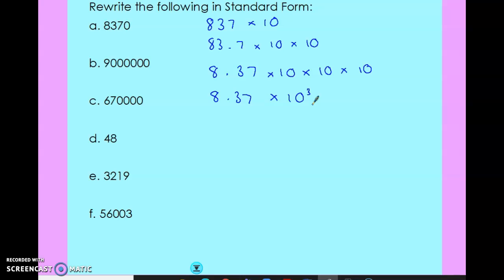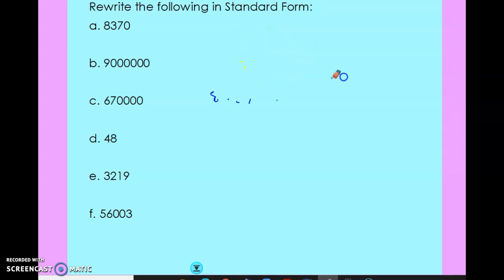Good news is we don't need to go through these steps every single time, because we should be able to see what's happening when we're timesing by 10. Okay, so I'm going to go back, show you a quicker way of doing it now. That's really what we are doing each time, but we don't need to write in all this work each time. Okay. If you times or divide by 10, move your decimal point one space. So if we look at our number here, right now, I've got a decimal point here at the end.